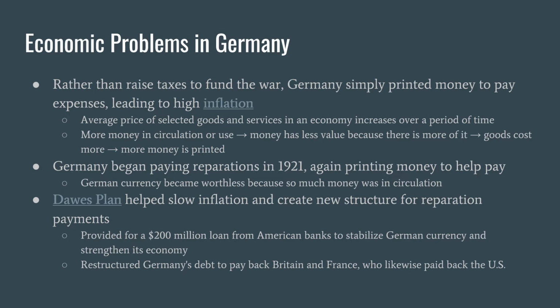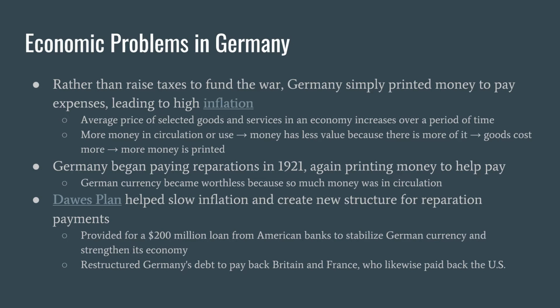When Germany has to start paying reparations in 1921, they again turn to this idea of just printing as much money as they need in order to pay these reparations. The German currency basically becomes worthless because there is so much money in circulation.